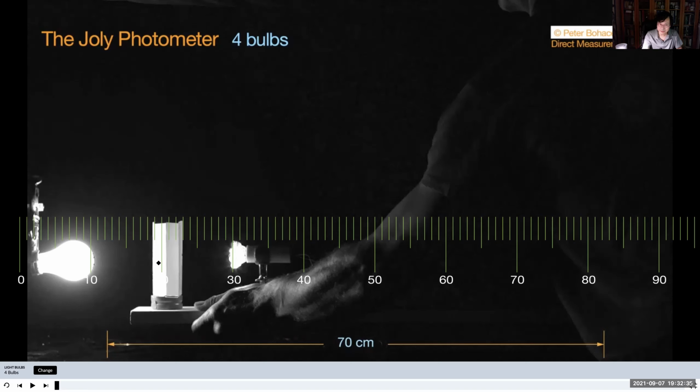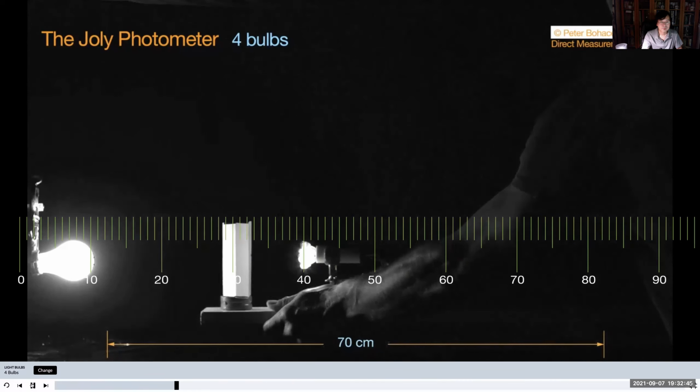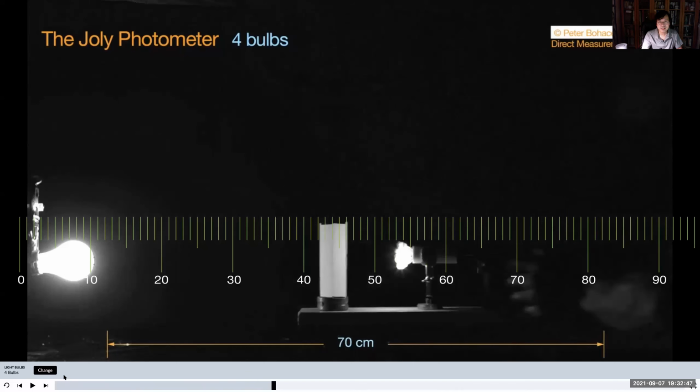To match the brightness, you cannot go too far from this light bulb. Otherwise, you cannot match the increased brightness on the right side. So watch. Somewhere here, see somewhere here. You didn't go that far, did you? Right? So that's for 4 light bulbs.